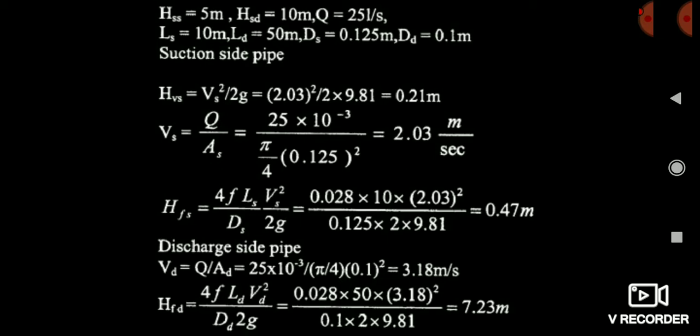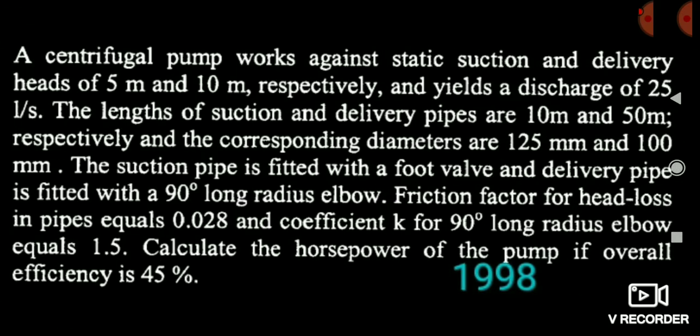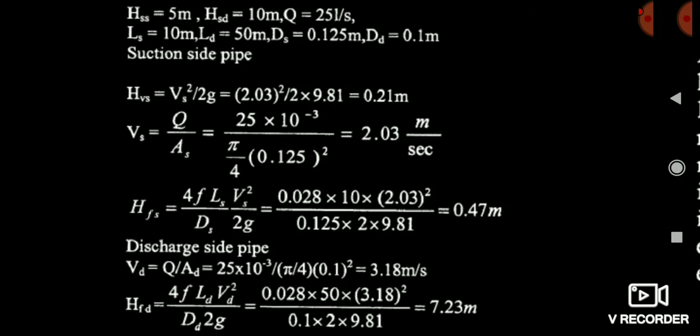Suction head is nothing but velocity, V square by 2g, means velocity at the suction head. Friends, here you can see that the discharge is given, that is 25 liters per second, and the suction pipe diameter is also given, that is 125 mm.